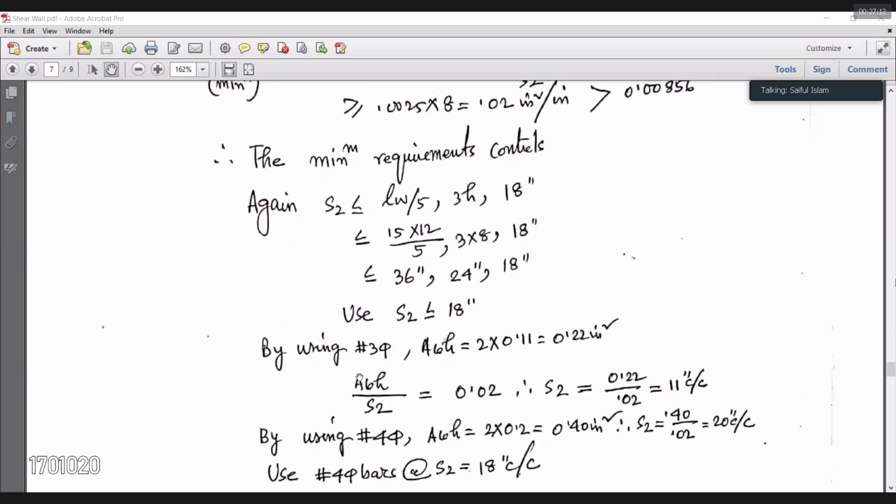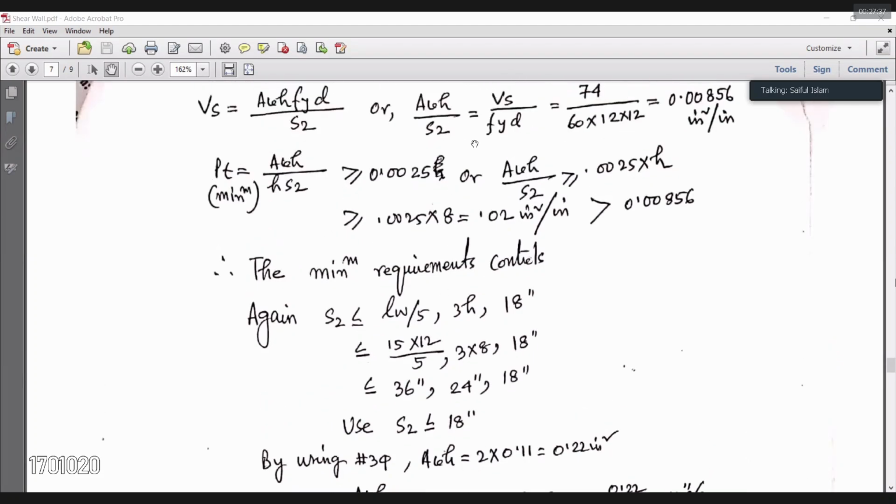Now, if you are using number 3 bar as horizontal shear steel, then Avh, the horizontal steel area, we know that we have to put the steel in both the faces. So 2 times that area will come, 2 into 0.11, 0.22 inch square. So you find out our requirement is Avh divided by s2 equal to 0.02 because it is controlling.